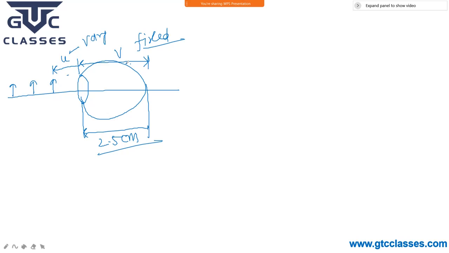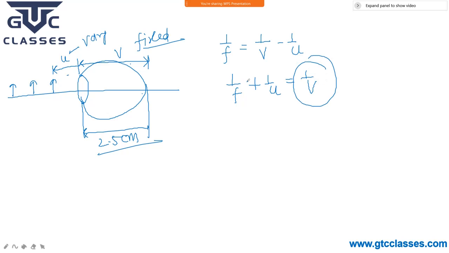How is that possible? How can we get the image at the fixed distance? Because we know in the lens 1/f = 1/v - 1/u. So if v is fixed, that means 1/f + 1/u = 1/v. This quantity is fixed. If u is varying, then this also has to vary.